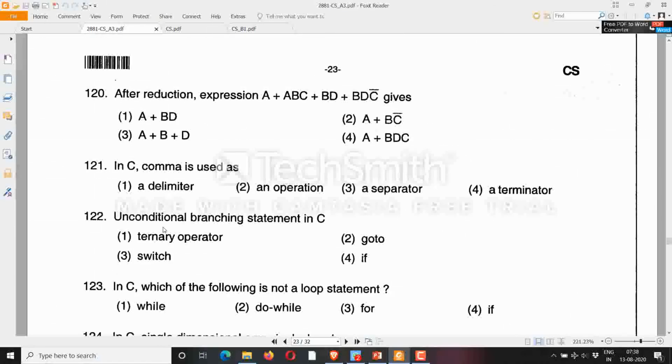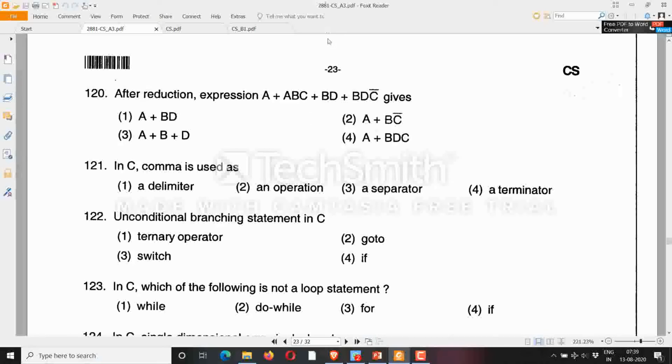One more question paper. Here, after reduction, the expression a plus abc plus bd plus bdc bar gives what? You need to use the factorization method. So a plus abc plus bd plus bdc bar, if you reduce that, you are going to get the final expression as a plus bd.